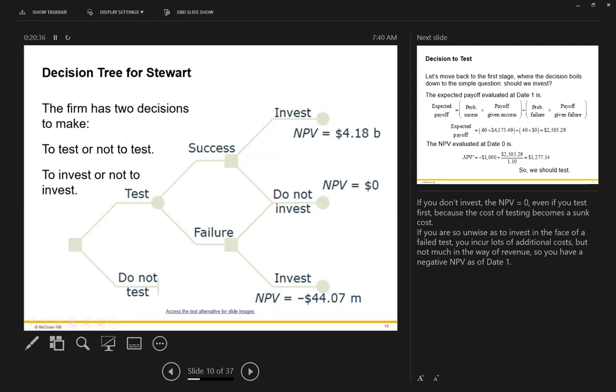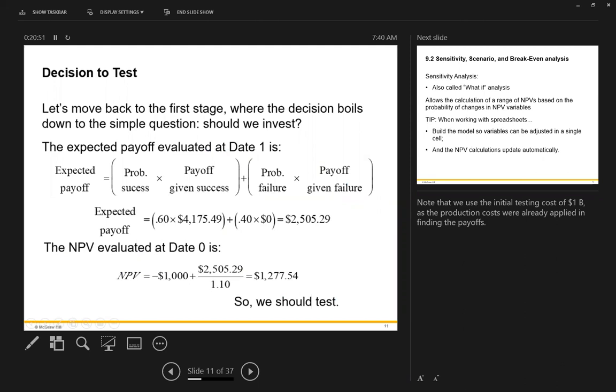Create a decision tree based on that information. Then, using the information related to a successful investment, determine our expected payoff. So take our probability of success, which would be given to us, times the payoff if there is success, which we determine in that net present value, plus the probability of failure times the payoff given failure, and that would be 0.